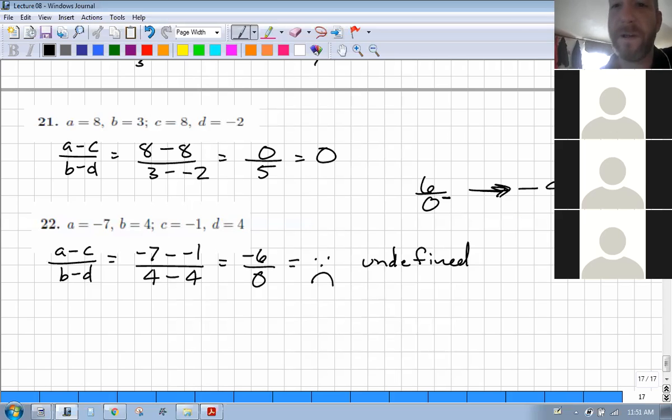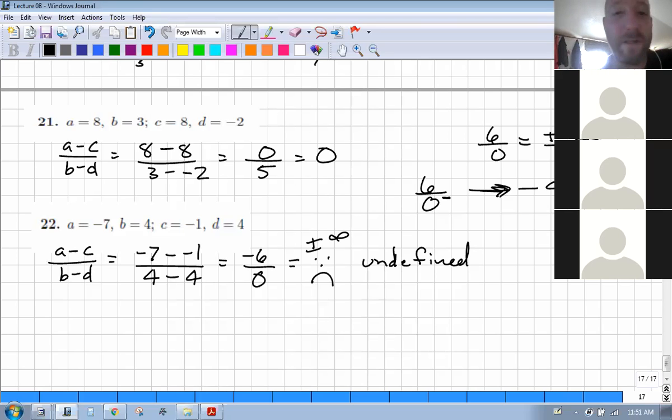So 6 over 0 is both positive and negative infinity. And you don't have any numbers any further apart than positive and negative infinity. So this is both positive and negative infinity, which doesn't make any sense. So that's why you cannot divide by 0.